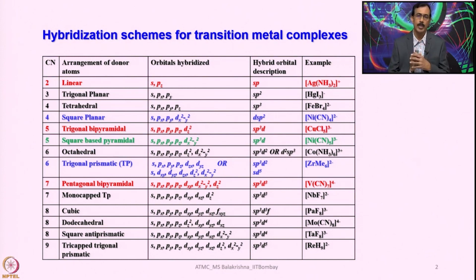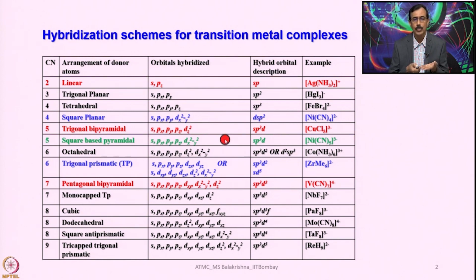That means we should be able to differentiate between the d orbitals that are involved in these two hybridizations. If you look into trigonal bipyramidal, we have two ligands in the axial position. So, we need to use the dz square orbital, and hence here the hybridization of sp3d involves dz square, whereas in the case of square based pyramidal, 4 ligands are in the plane.